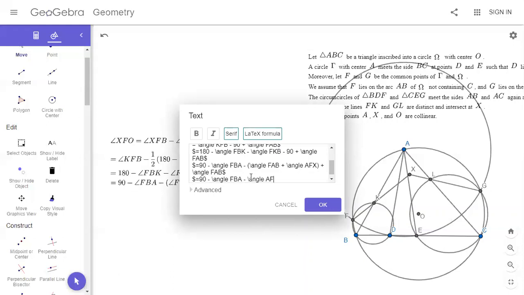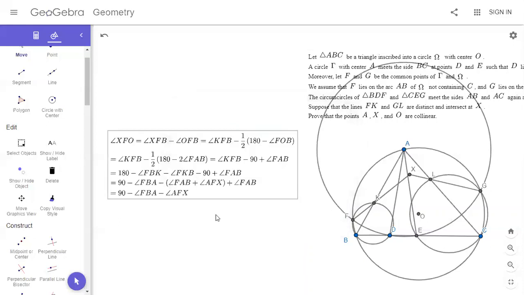Is that right? Not sure if that's right. Yeah, I don't think we've gotten anywhere though with this.